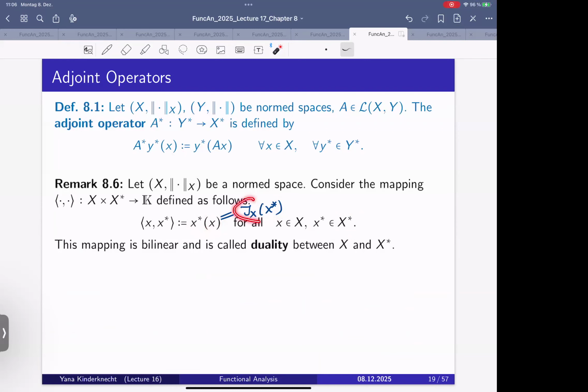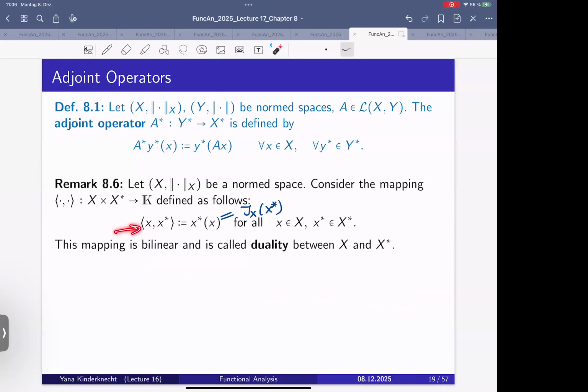So in this notation, this means that x star is now an element, and x itself is considered as a continuous linear functional here. So this notation makes these two elements have, how to say, not the same role.